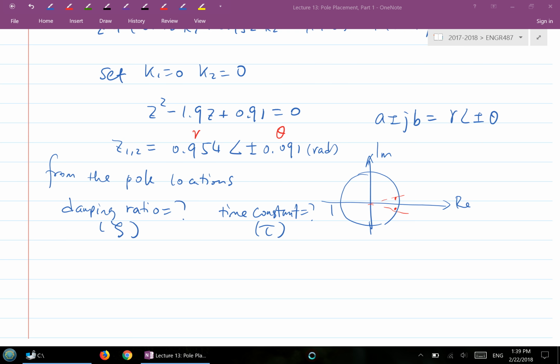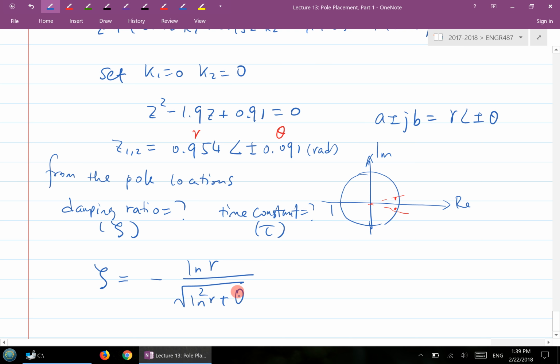When you have pole locations in the discrete domain, the damping ratio is, actually it's equal to, ln R over this. So you have your R here, you have your theta here, and plugging these into this formula, you'll get your zeta value, the damping ratio.